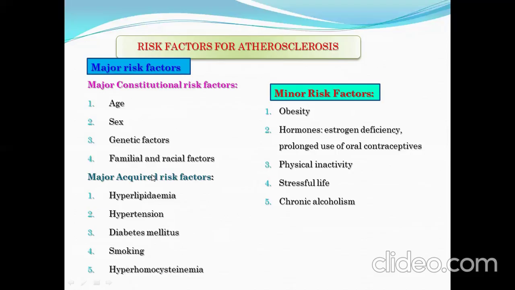Whereas minor risk factors: obesity, hormones like estrogen deficiency, and those people who have prolonged use of oral contraceptives, they also have a chance. Okay. And then physical inactivity and a stressful life. Stress is the central cause. These days we can call it a central factor. Nowadays, stress is the central factor, and another is obesity. Not only heart disease, but also other diseases. Okay. And chronic alcoholism. So this is the minor risk factor.